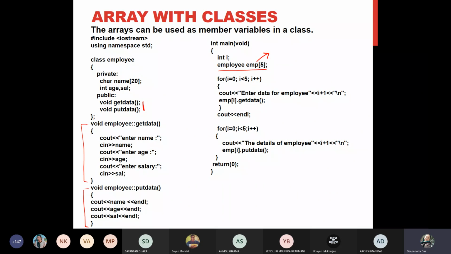So we are repeatedly calling get data for employee i, with i incremented from 0 to 5. And put data is the same thing that we use for one employee, just called with loops using an array of objects. Is it okay? You understand this thing? Yes, ma'am. All the ideas are the same, we are just using an array of objects.